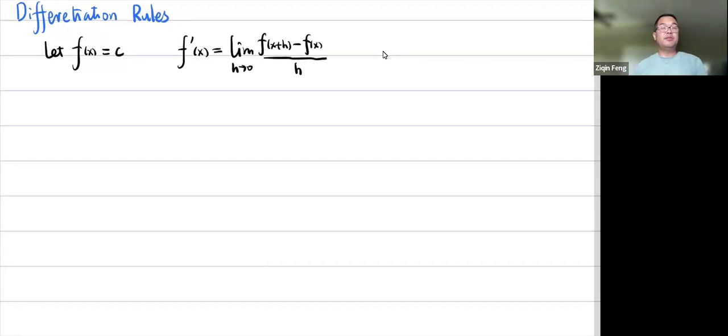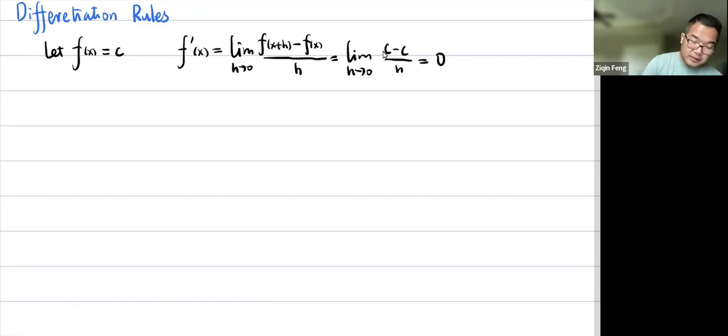Because in this case the function is always a constant, f of x plus h will be c, same as f of x. So this is equal to, as h goes to 0, c minus c over h, which is equal to 0.